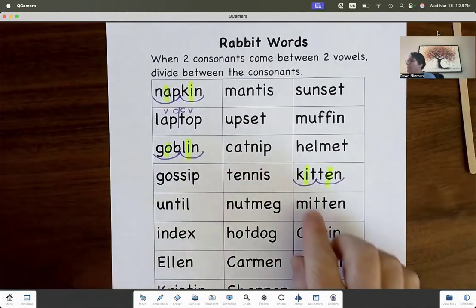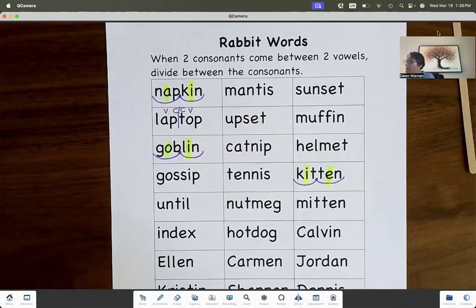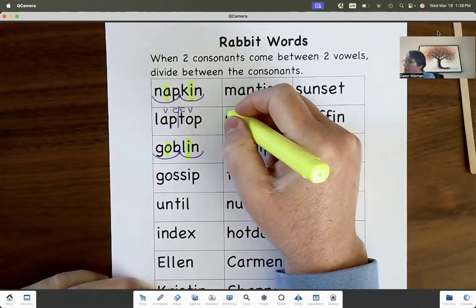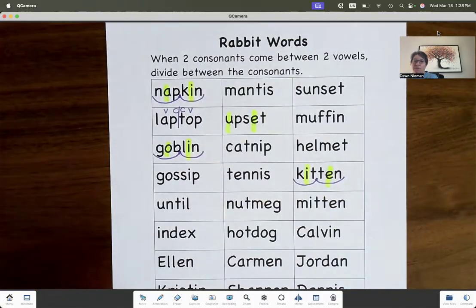As time goes on and they get better and they don't need this much support, I have them start doing something like this. Find your vowels. Okay, let's take this little coffee stir, and where are you going to split it? Okay, read me the first syllable, up, the next syllable, set. Great, put it together, upset.